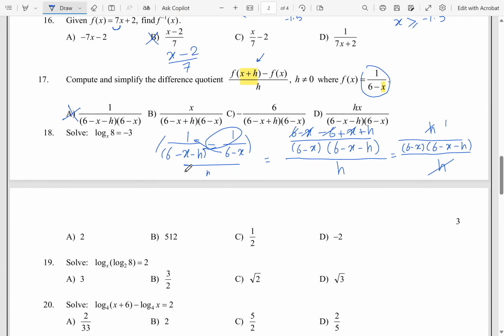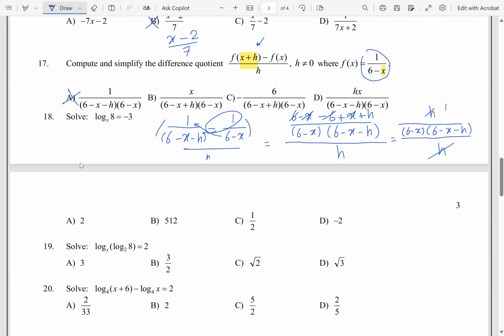Last question for this video in question number 18. If you have log 8 for the base x is equal to negative 3, the question is, I want to solve for x. Convert this log equation to exponential by writing 8 is equal to x to the power of negative 3.